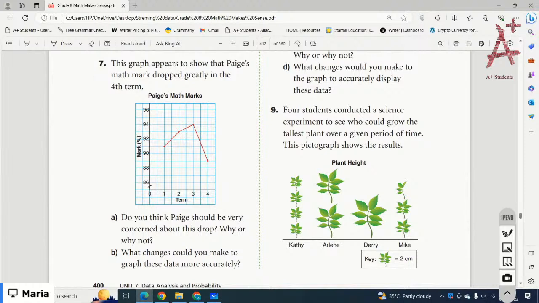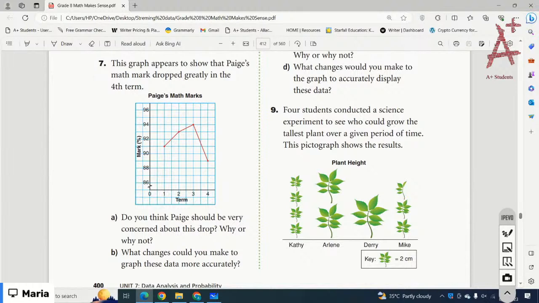Okay, the graph is from 86 to 96, right? Also, this is misleading. That means the scale of the graph is misleading, right?